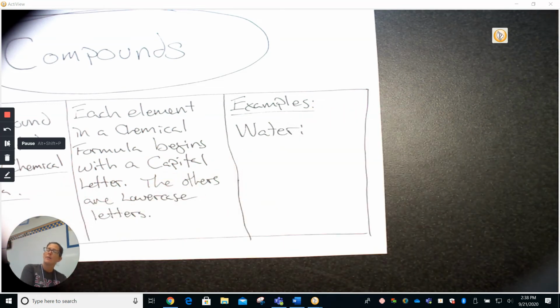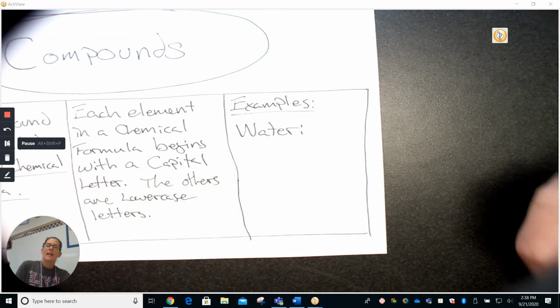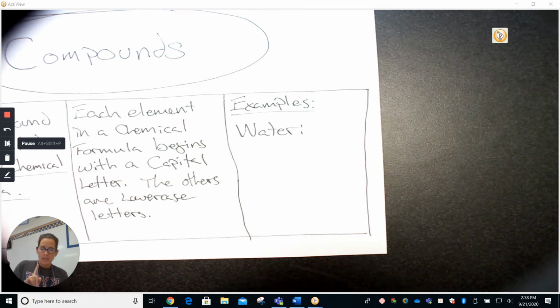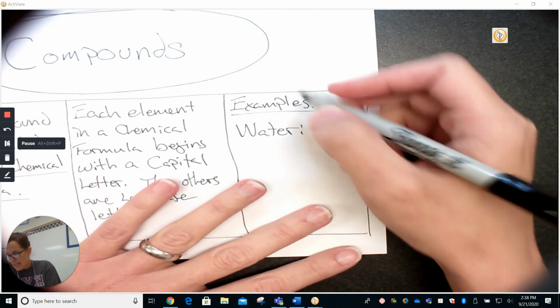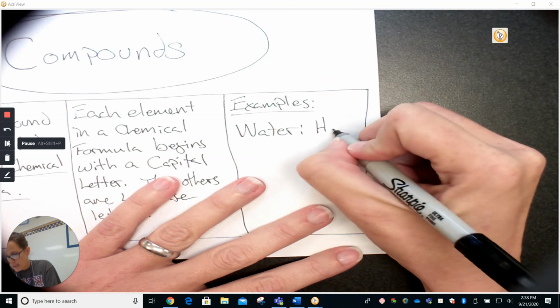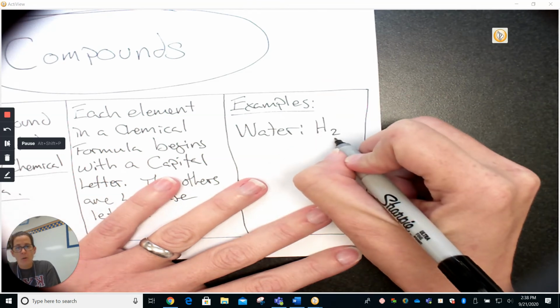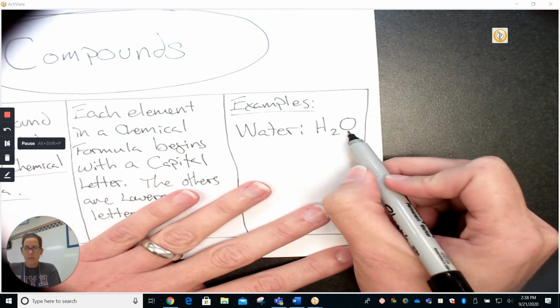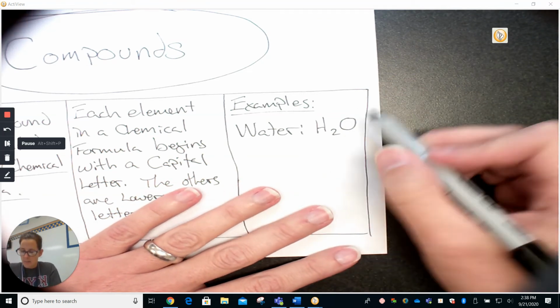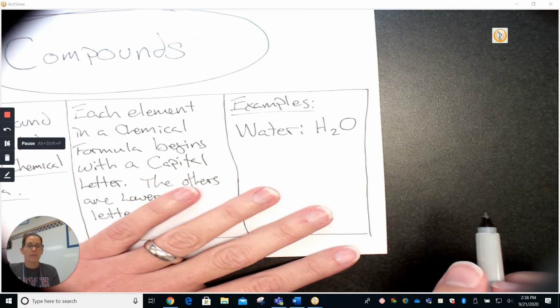So water's chemical formula is two hydrogen atoms and 1 oxygen atom combined in a compound. So we would write that H with a little 2, remember, because there's 2 hydrogen atoms, and then one big O. We automatically know that there's only one oxygen there because it doesn't have a number by it, right?